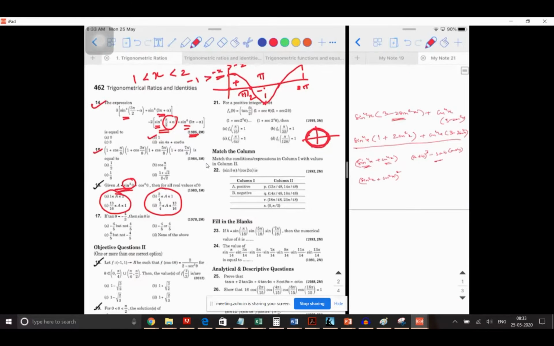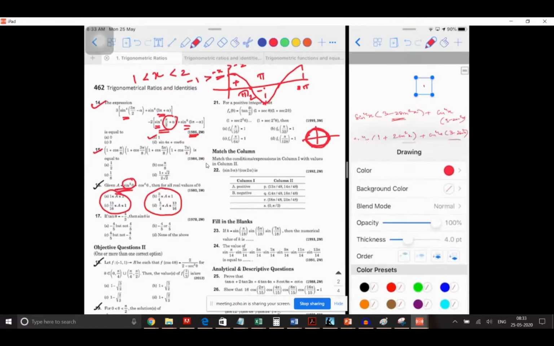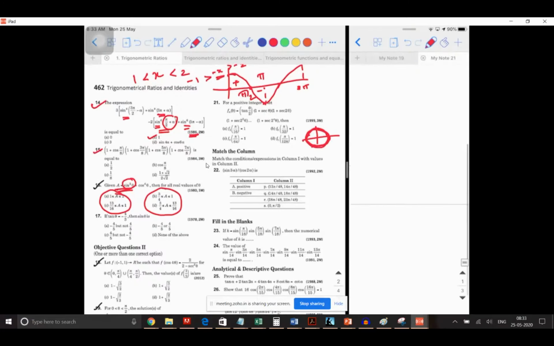Just write down whatever you are saying. So it is going to be sin square theta plus cos power 4 theta. So sin square theta plus 1 minus sin square theta the whole square, so sin square theta plus 1 plus sin power 4 theta minus 2 sin square theta.